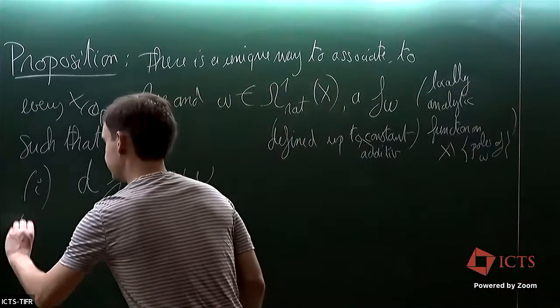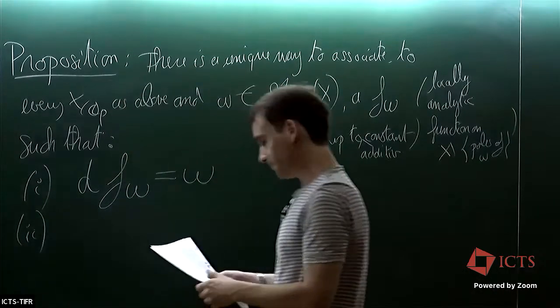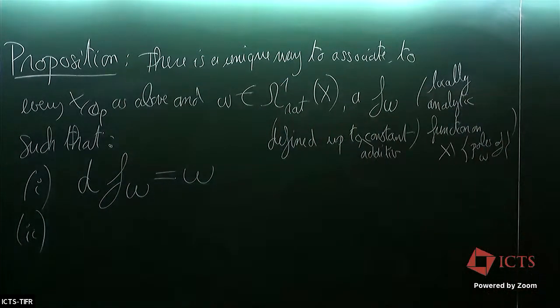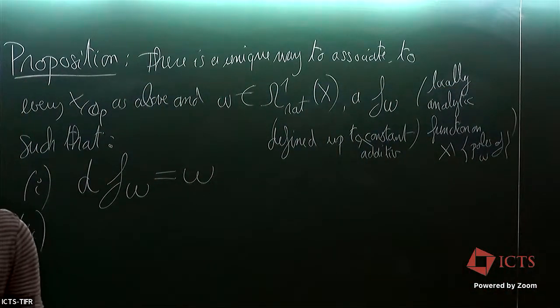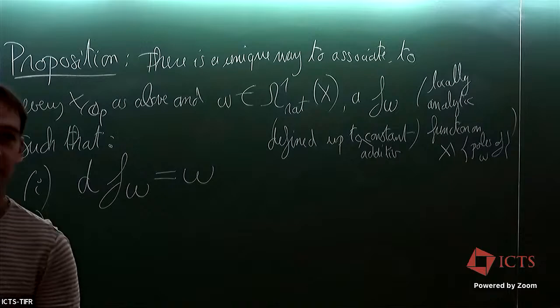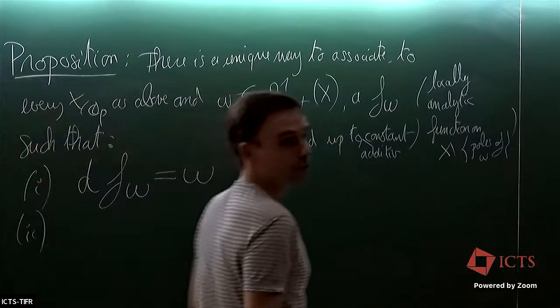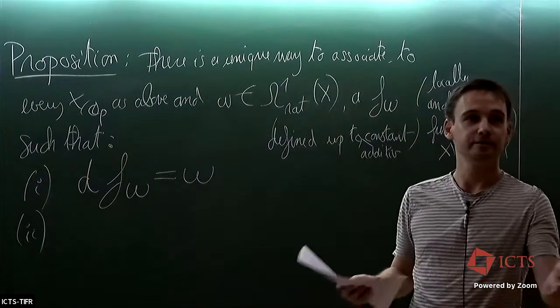Second, you want some sort of consistency of the choices of primitives, and I said it's not obvious in general. So what happens if you want a primitive of omega plus omega prime? Yeah, you want the rule to be linear.